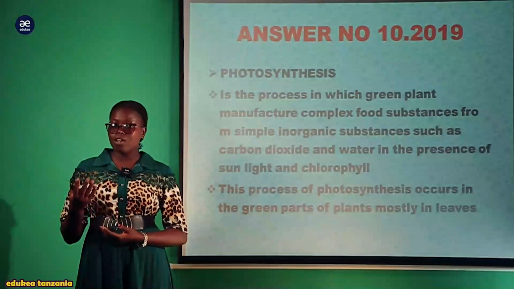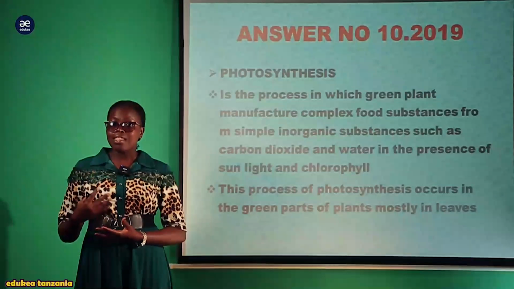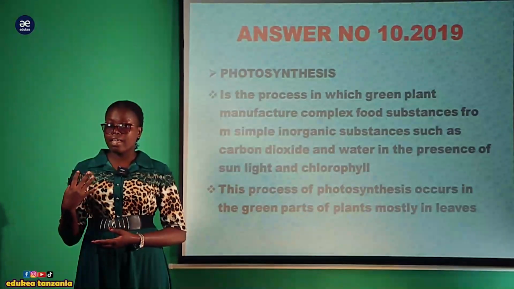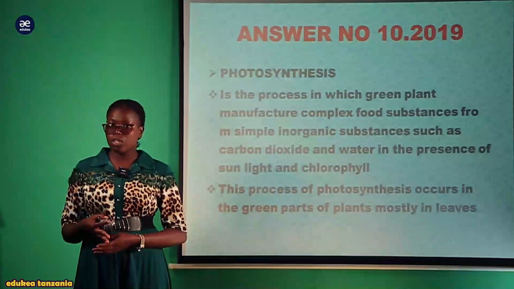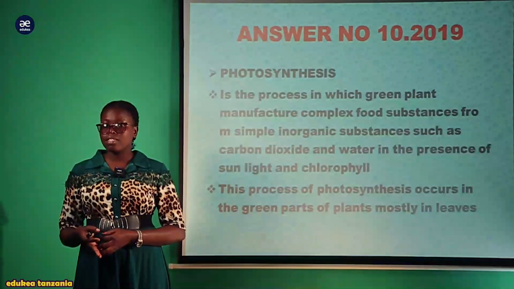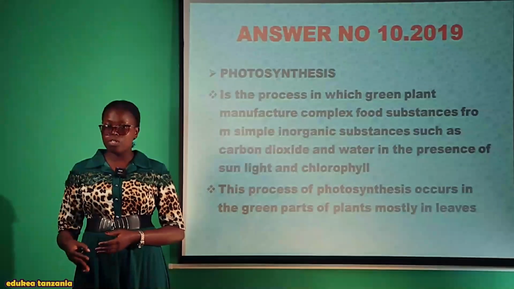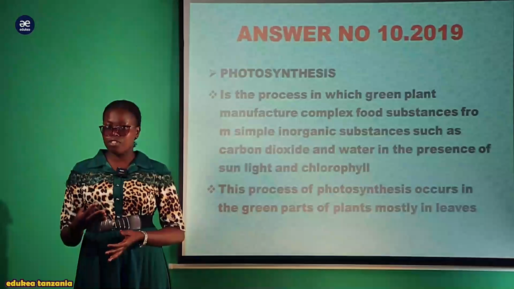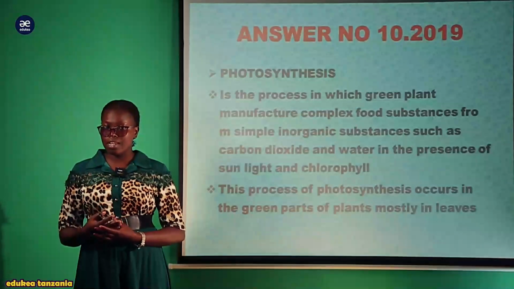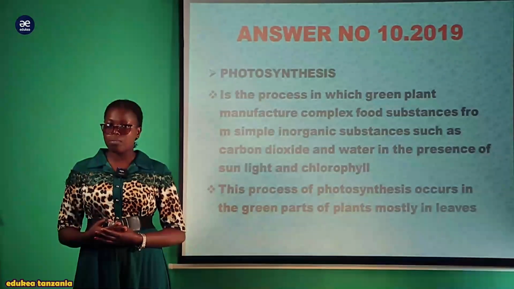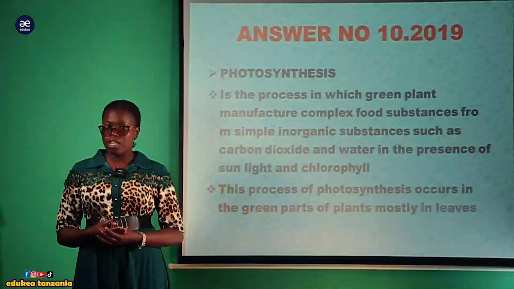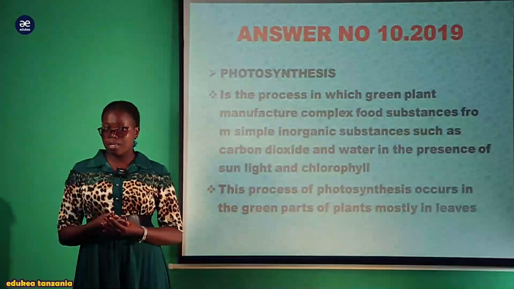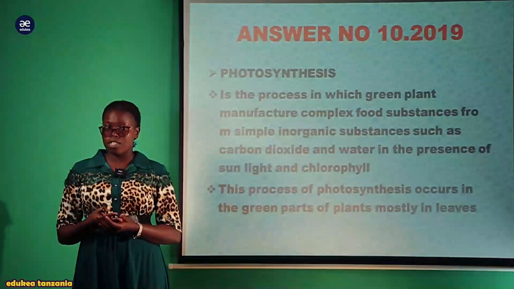These green plants and algae are able to manufacture their own food using simple molecules in the presence of sunlight to produce complex food substances. That's why we call it photosynthesis, meaning that there is the use of sunlight to split these simple inorganic molecules to manufacture complex organic molecules, which can be used for further metabolic activities by the plant, and also by the body of the consumer or heterotroph.